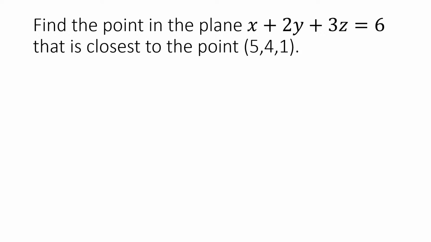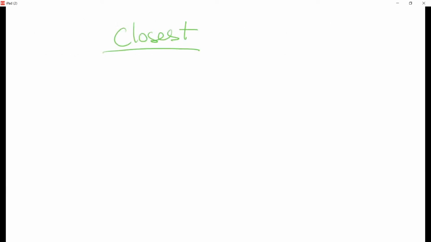So let me go back here to the iPad for a minute. Closest. When you hear the word closest, there is a mathematical formula for that sort of idea. What's that? Yeah, the distance formula. So I'm interested in the distance formula, which you know and love.